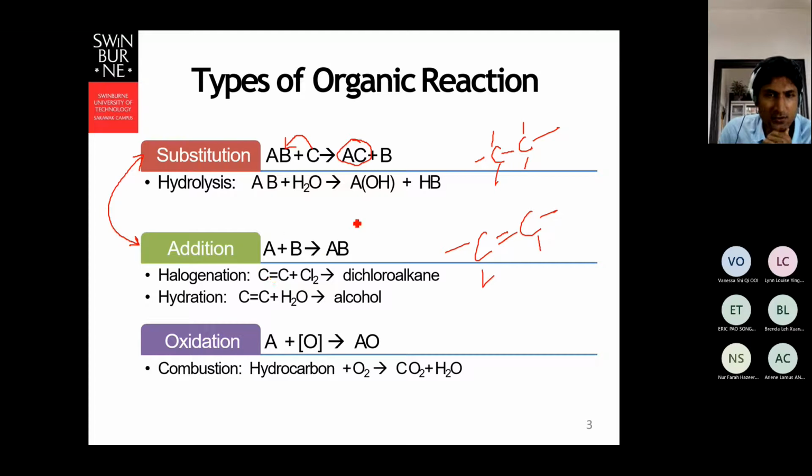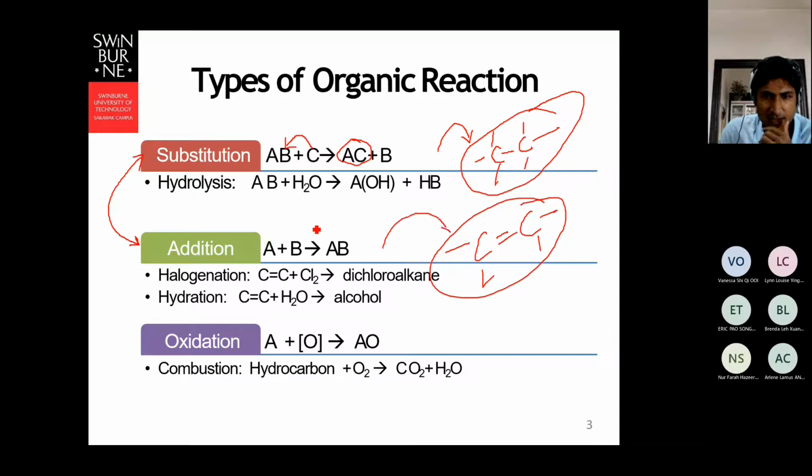So alkene will mostly go for addition reaction, and alkane will not go for addition reaction. Only substitution will occur there. To some extent substitution occurs in alkene, but that is very minimal. Mostly addition reaction occurs because of this double bond. Double bond means the electron density is more in there.